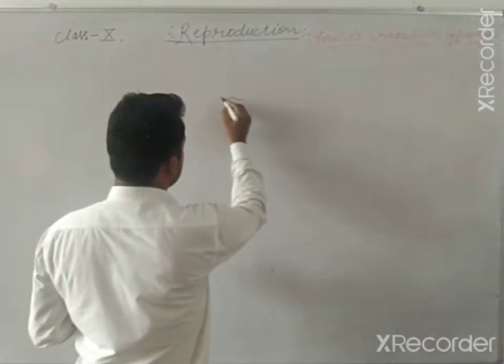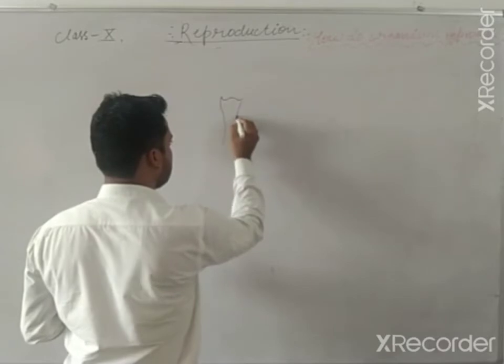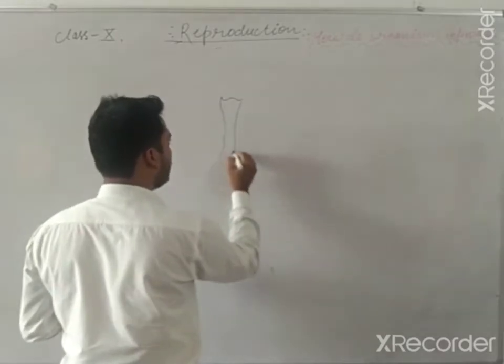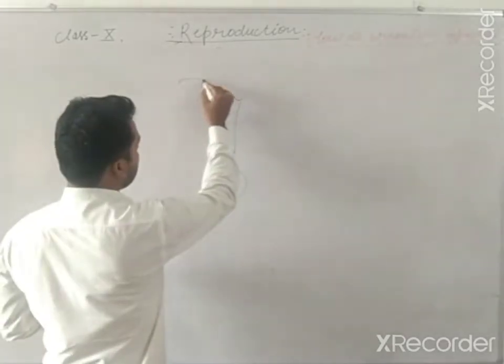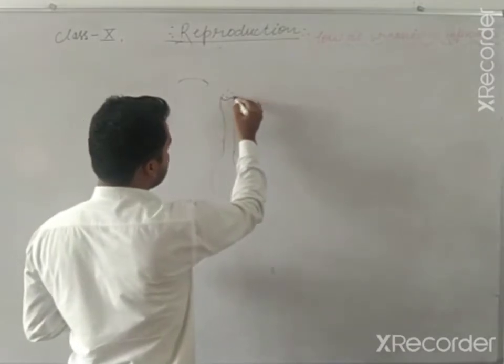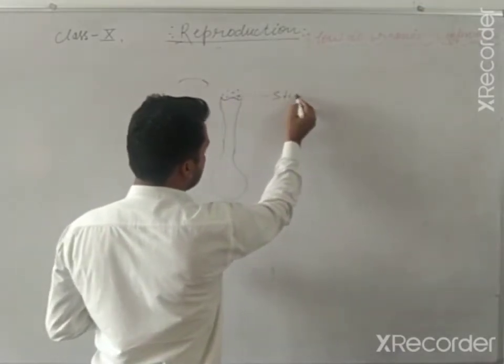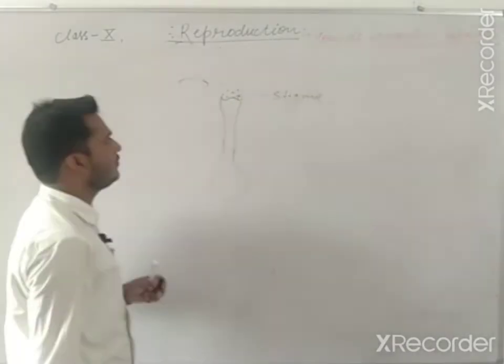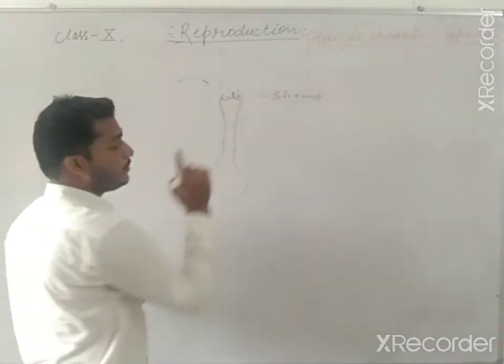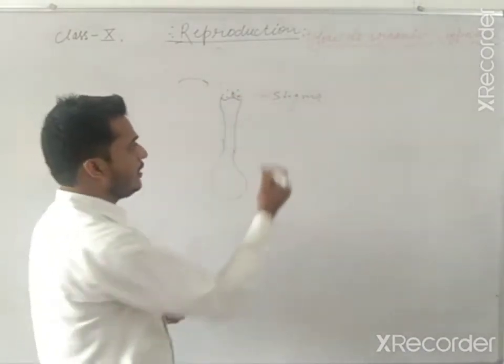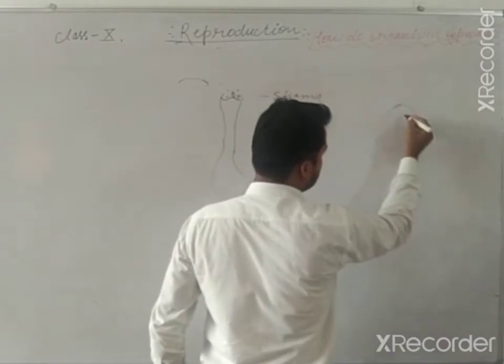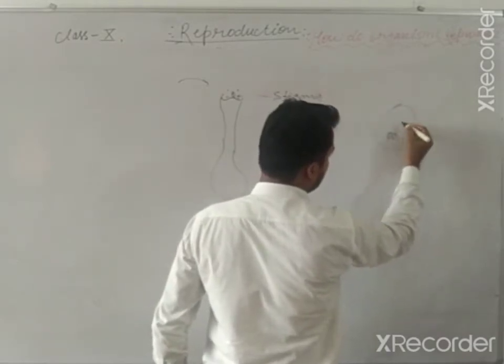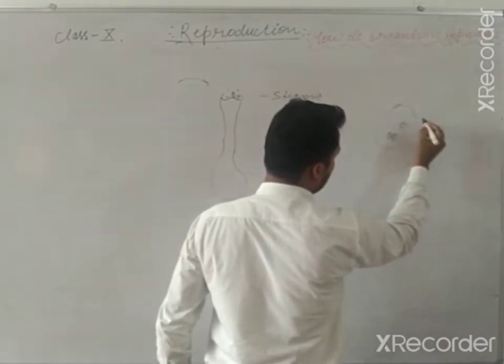You know that this is your female portion. When a pollen grain comes, it adheres on the stigma portion and it contains a pollen tube. If you learn the diagram, this contains two polar nuclei, two male gametes and a pollen tube.